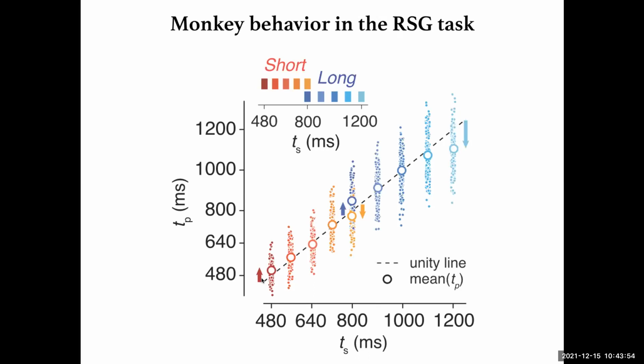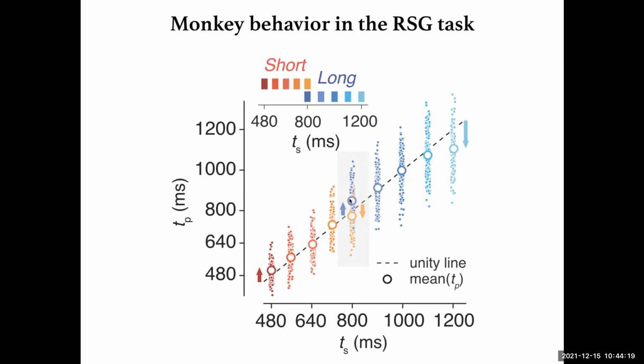However, you see some very interesting deviations within each condition away from the unity line. Specifically, at the edges of each distribution, the responses of the animal seem to be biased towards the mean of each distribution. And that is even more striking if you focus, for instance, on this single interval here at the overlap of the two distributions.